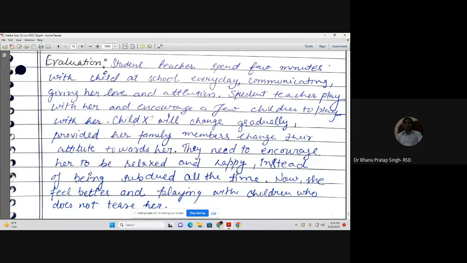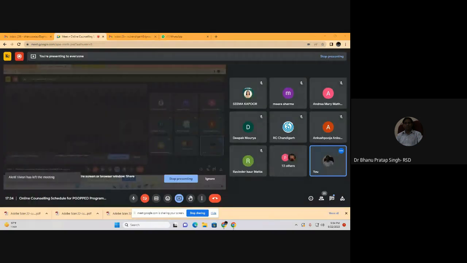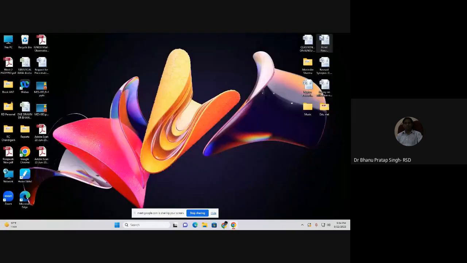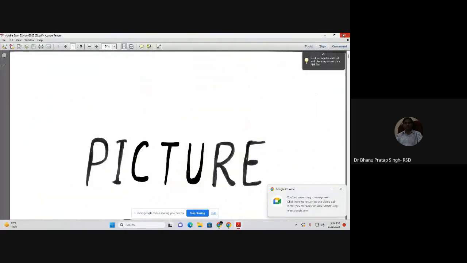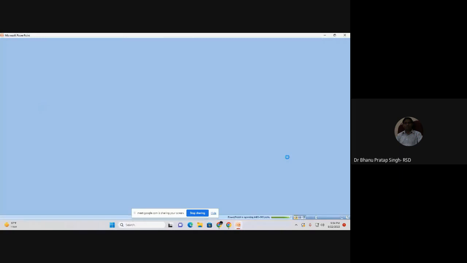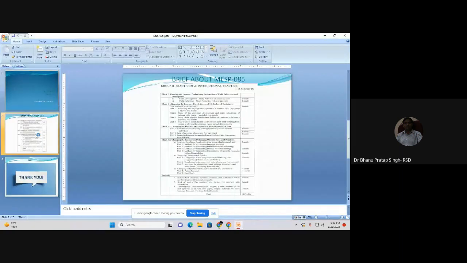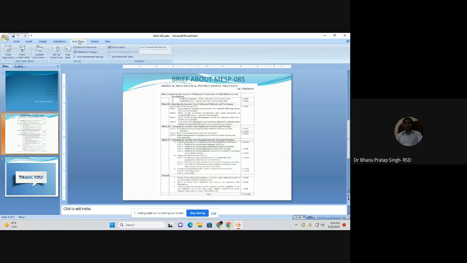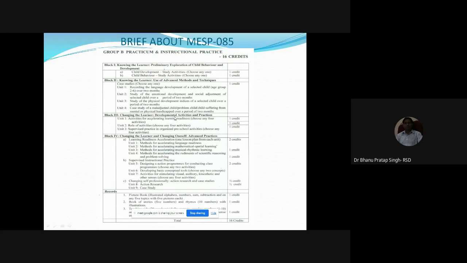If you see the chart first, we have completed block 1, block 2, block 3, block 4 activities, but you have to submit some important records.